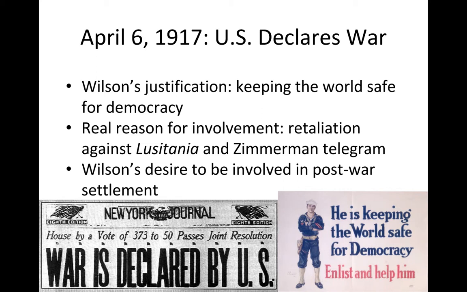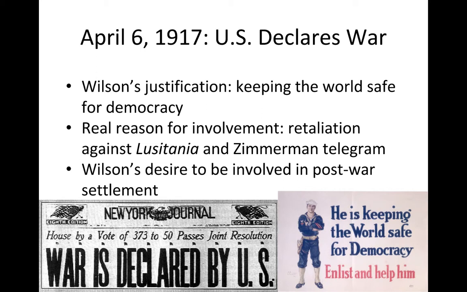So it's important that events like the Lusitania and the Zimmerman telegram lead towards war, because both of them were acts of aggression that had implications in the U.S., right? The Lusitania had U.S. victims, and the Zimmerman telegram was at least a threat that there would be an attack on U.S. soil.